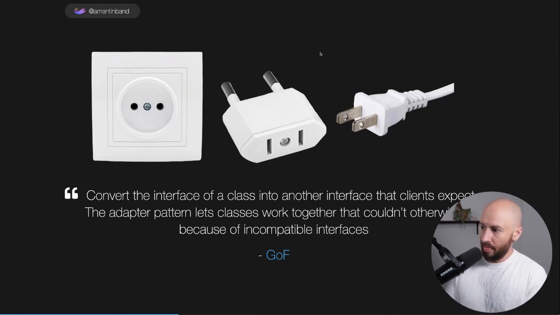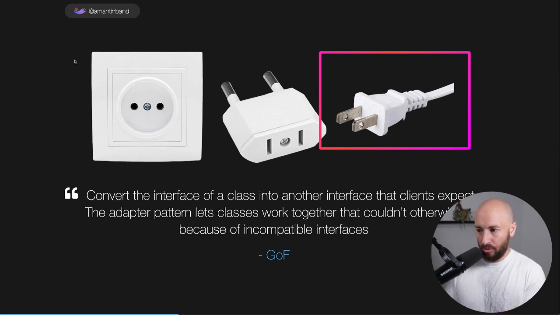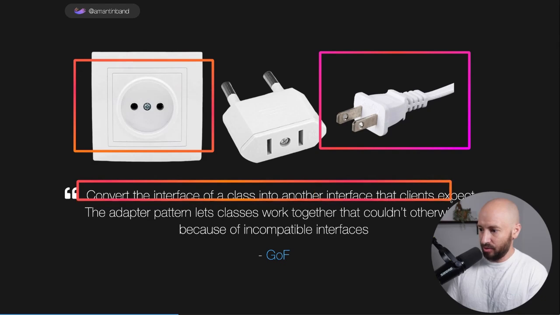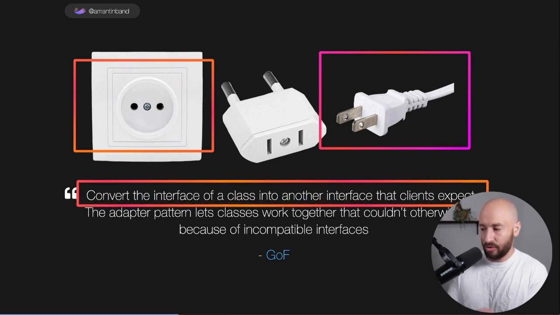So over here, we have two incompatible interfaces. Okay, so again, the definition is convert the interface of a class into another interface that clients expect. Over here, we have a flat blade American style 2-pin plug. And over here, we have a European style outlet. And these interfaces are incompatible. To make them compatible, we use an adapter.